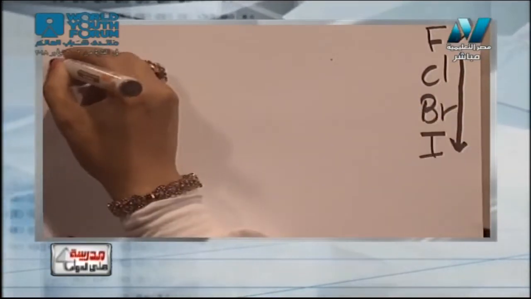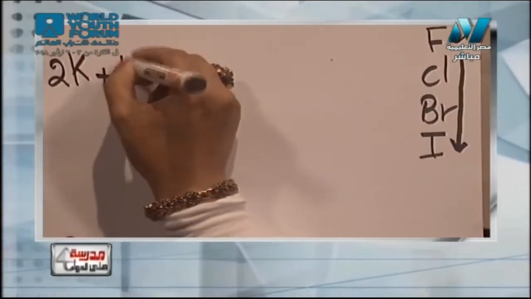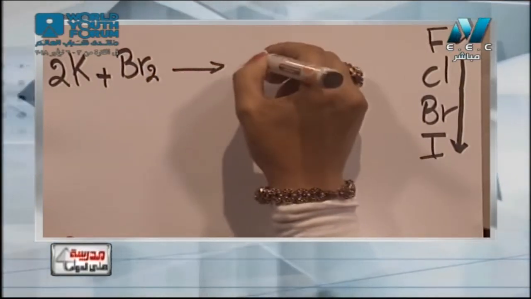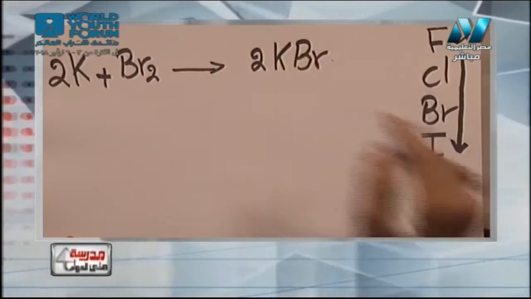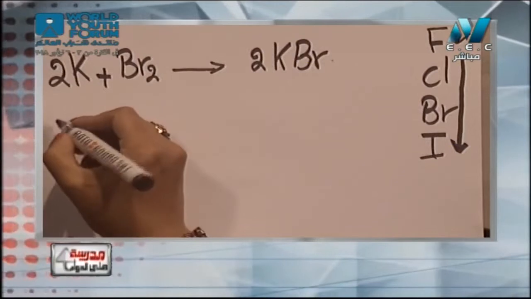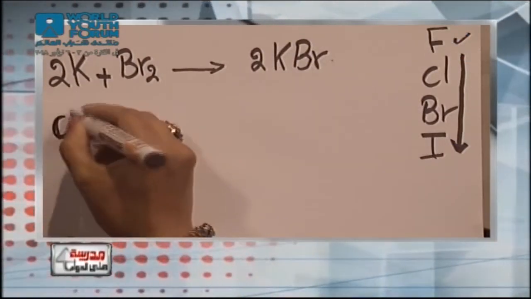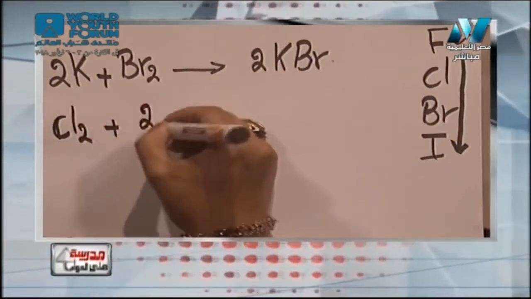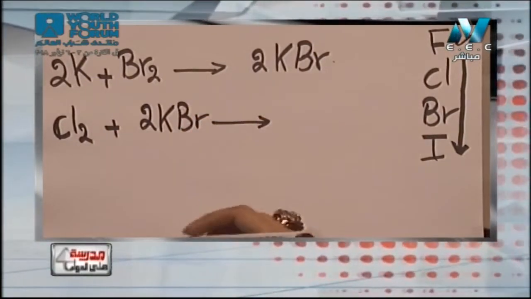Okay, example, if we have potassium with bromine, this is going to give potassium bromide, which is salt. Okay, but if we have another one, chlorine plus 2KBr.